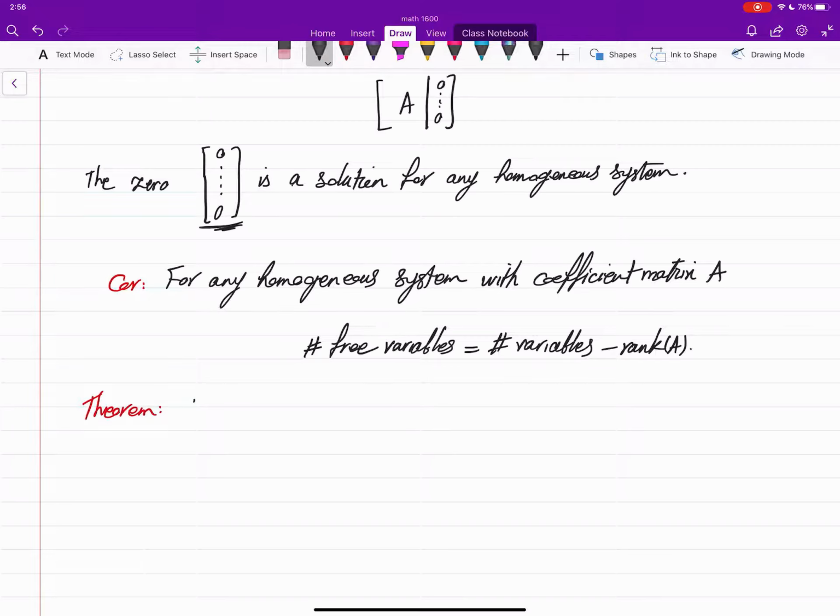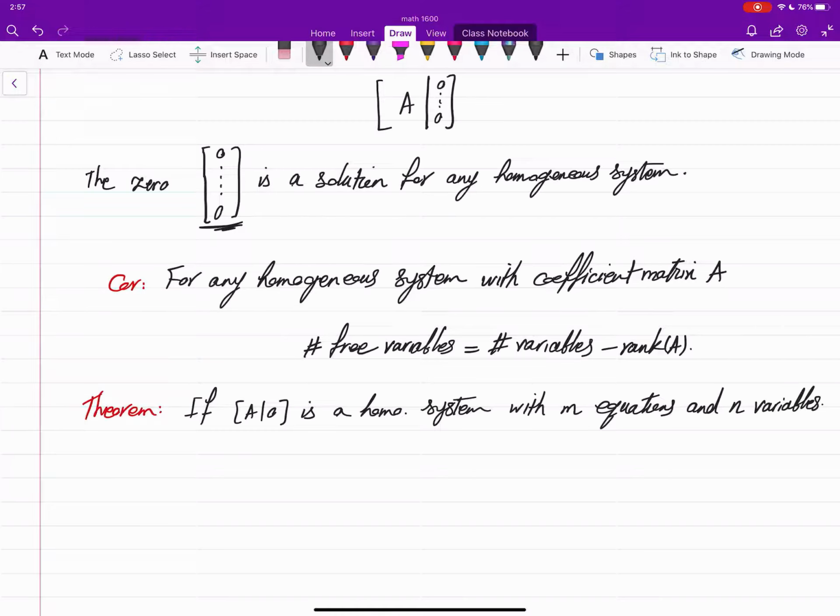So if we have a homogeneous system with m equations and n variables, and if m is less than n, which means that the number of variables is bigger than the number of equations, then the system has infinitely many solutions.